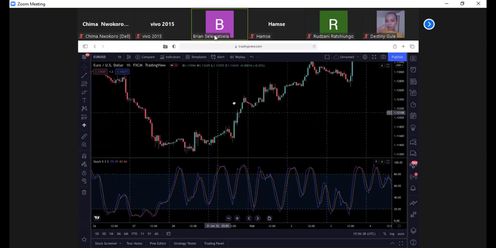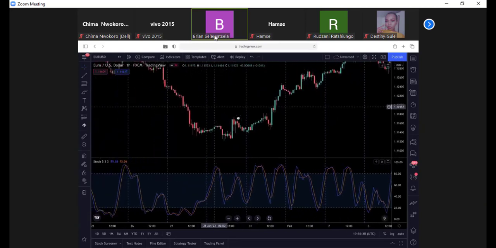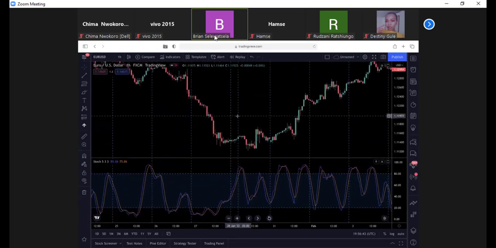Now, with that being said, when we know that the majority of people are using this chart, and for a fact we know that a majority of people in Forex are losing money, that means whatever the stochastic is telling us, we must implement the opposite of what is actually happening.